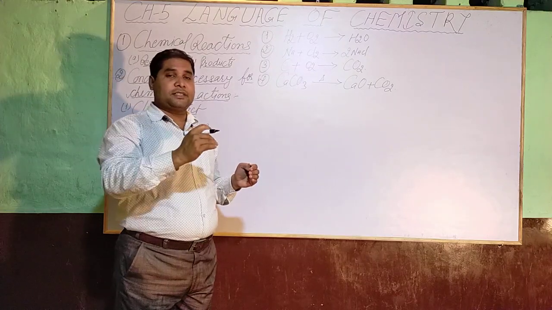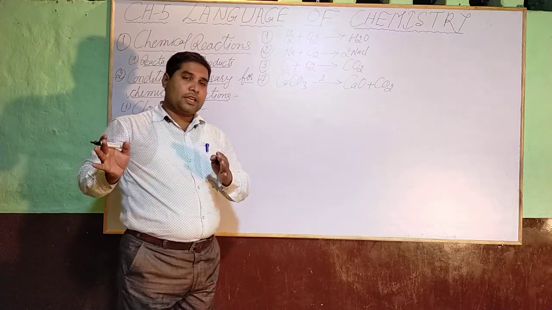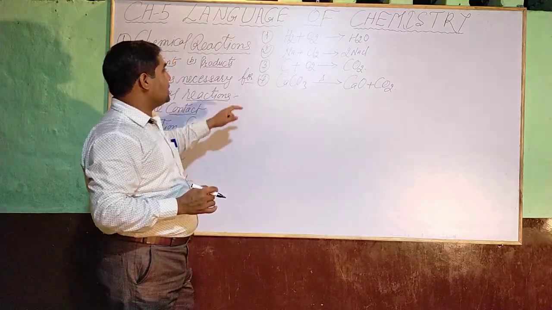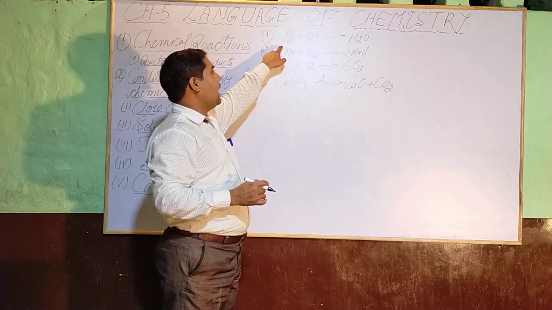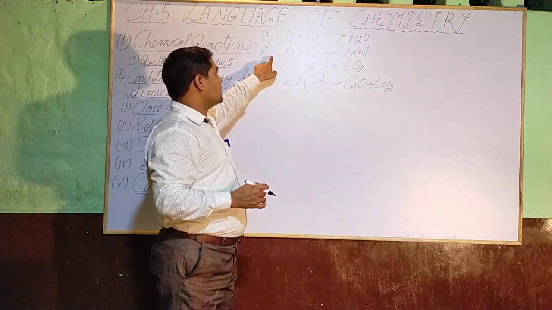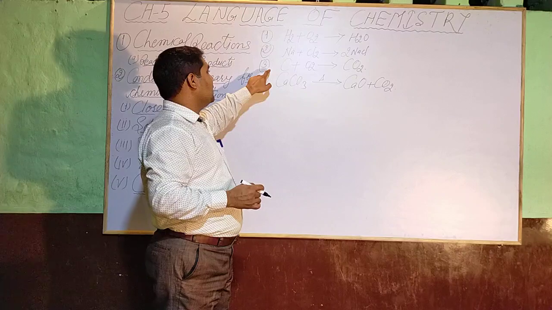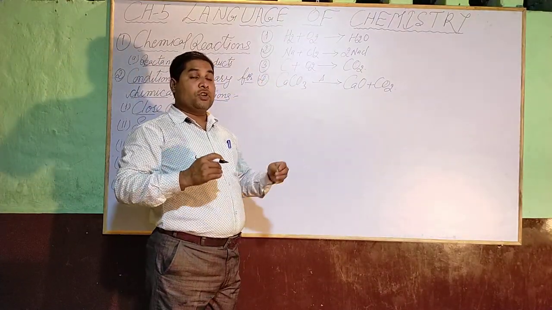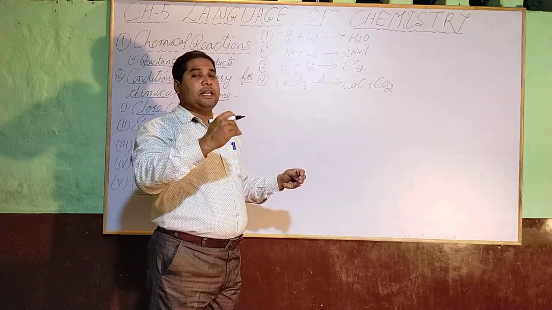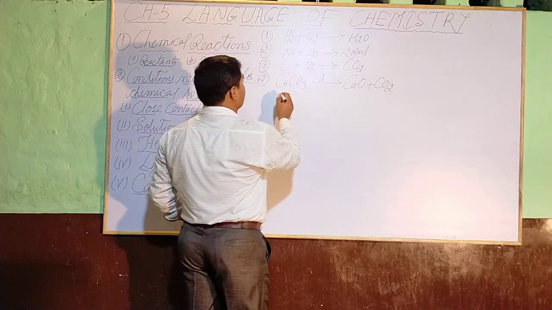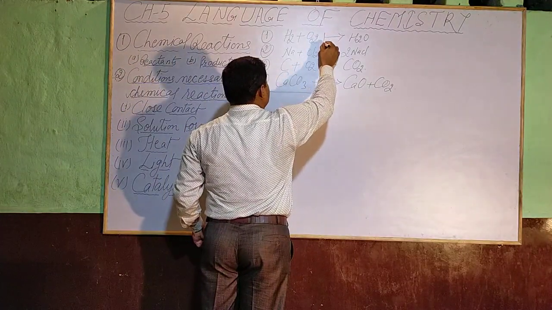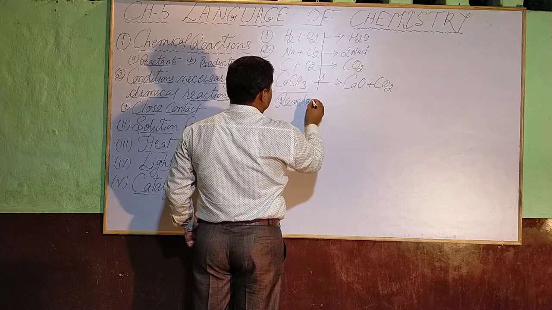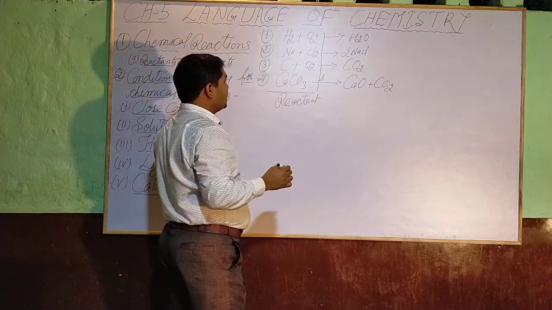You can see here in equation number 1, hydrogen and oxygen; equation number 2, sodium and chlorine; in third, carbon and oxygen; and fourth, calcium carbonate undergo chemical change, and these are known as reactants.